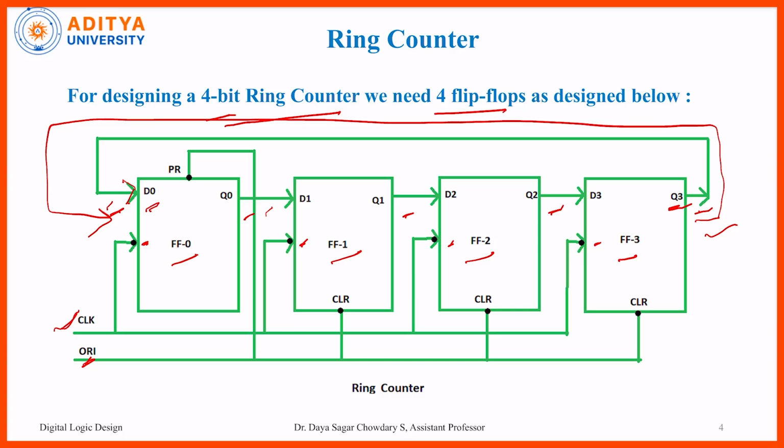That is given to the first flip-flop, that is PR, which we call preset. And for the second, third and fourth stages, we have CLR, that means clear. So this is the simple connection of the total circuit.